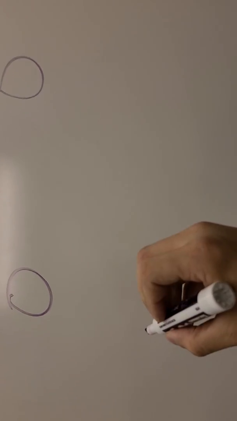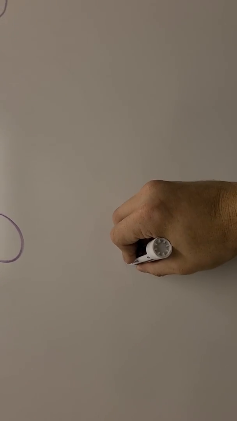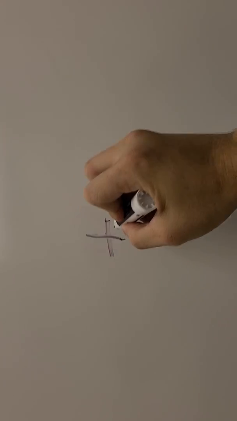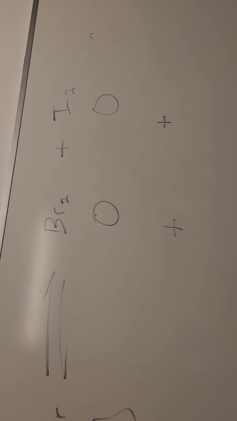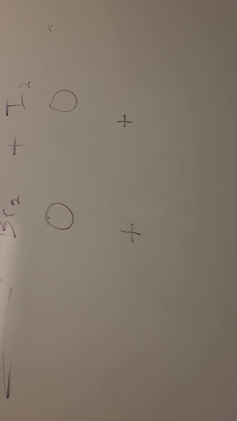Now, for an ICE table, I stands for initial, C stands for change. For this reaction, IBr can only go down, and Br2 and I2 can only go up. So I'm going to put a plus on both to show that Br2 and I2 are gaining concentration, whereas IBr is only losing concentration.